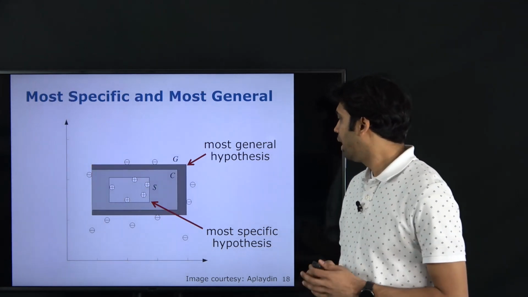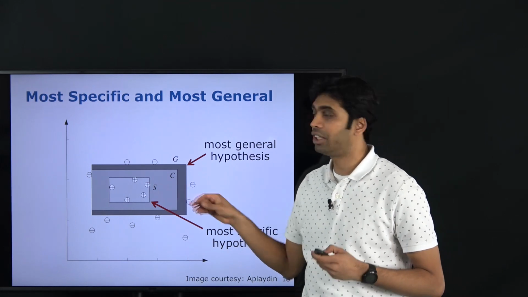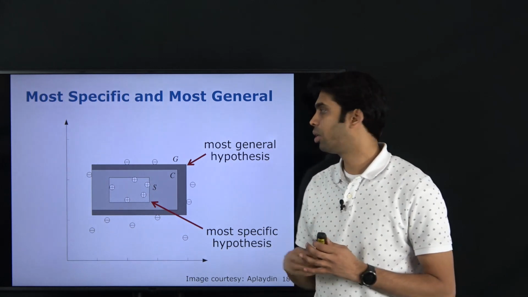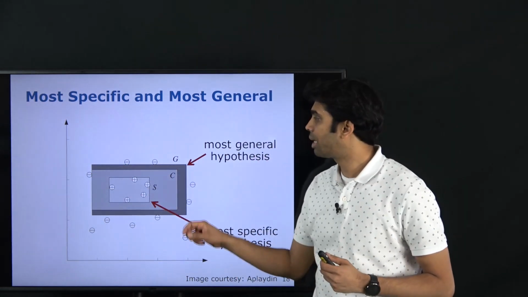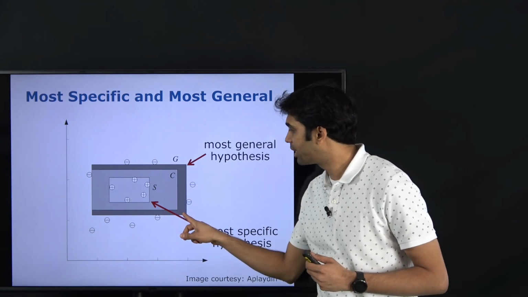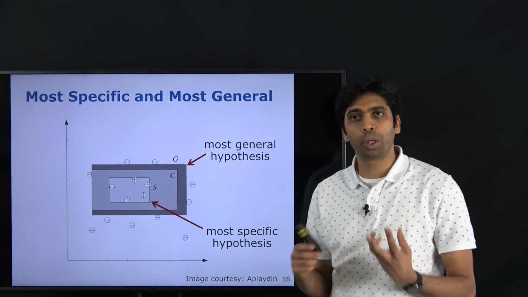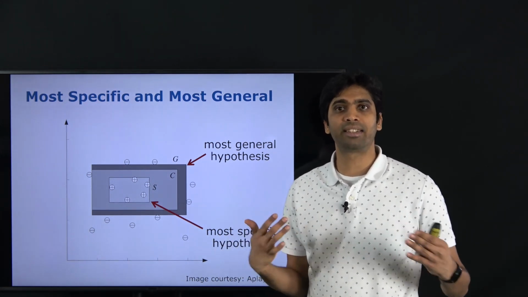And of course, choosing each one of these boxes would yield different performance. If we choose this outer box, then if something is at the corner, where there is a potential ambiguity about whether it is a positive or a negative example, we might get things wrong.